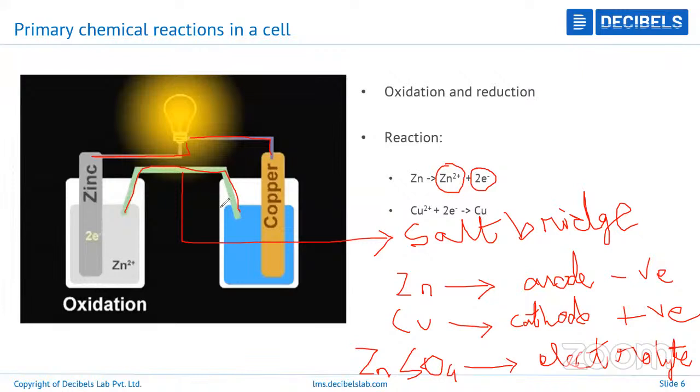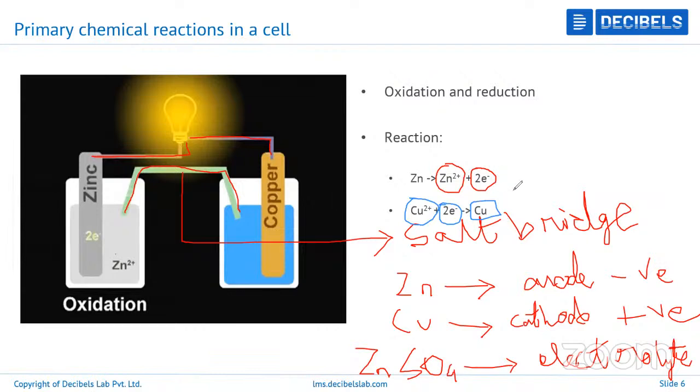Here you can see whatever electrons have been released from the zinc anode will then go towards the cathode, which is copper, and combine with the copper ions there to give you copper. So whatever copper ions we have combine with those electrons to give copper.